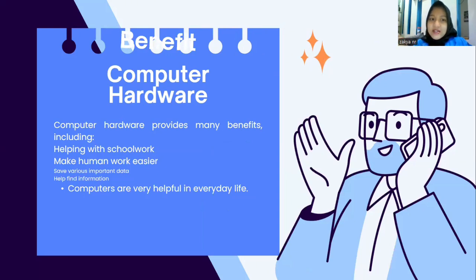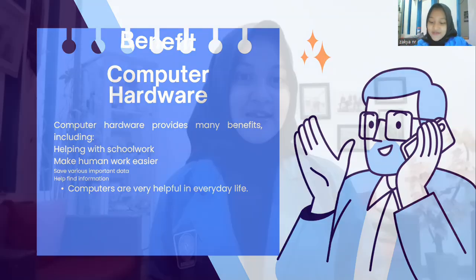What are the benefits of computer hardware? Computer hardware provides many benefits, including helping with schoolwork, making human work easy, saving various important data, and helping find information, because computers are very helpful in everyday life.